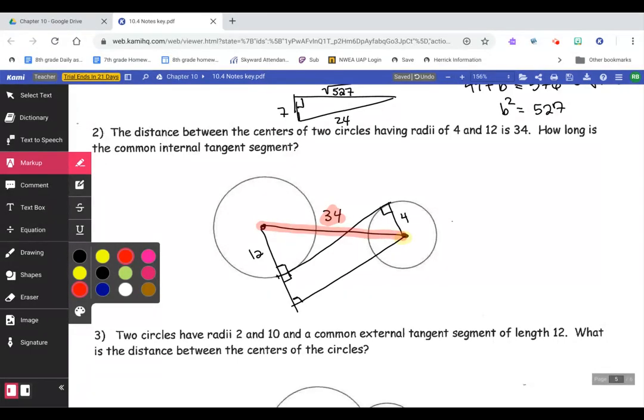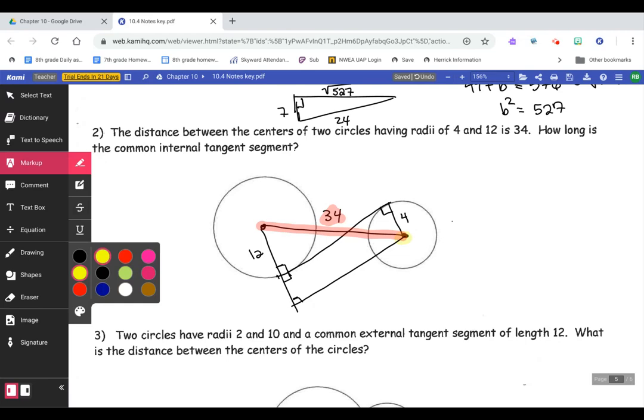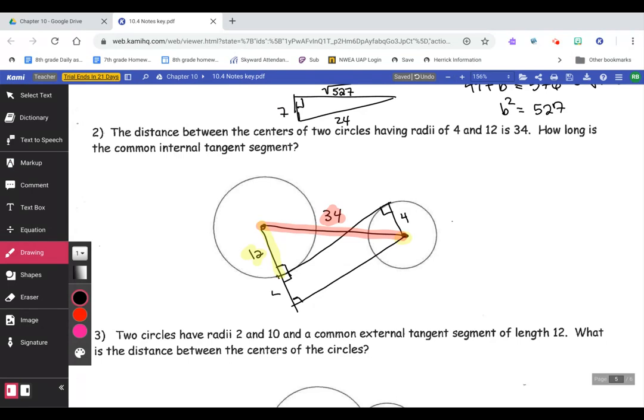Okay. The radii of 4 and 12 are great, but realize that if we're going to deal with the right triangle, this 12 is from here to here, and now I have an additional 4 to add on. So for the big right triangle, this side is now going to be 12 plus 4, which is 16.